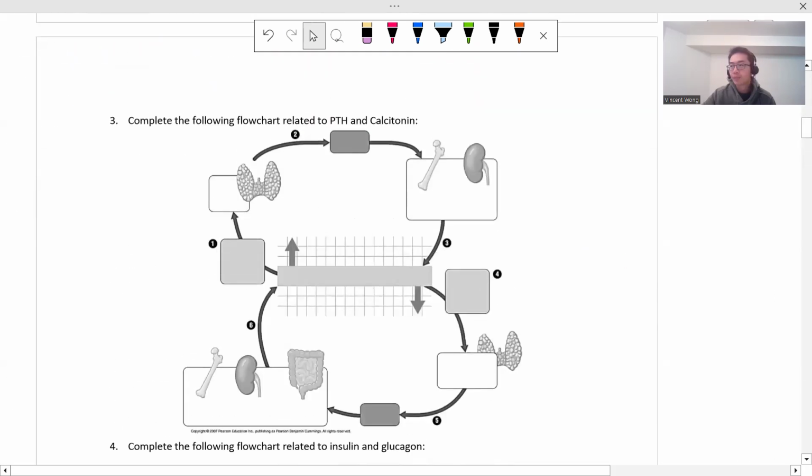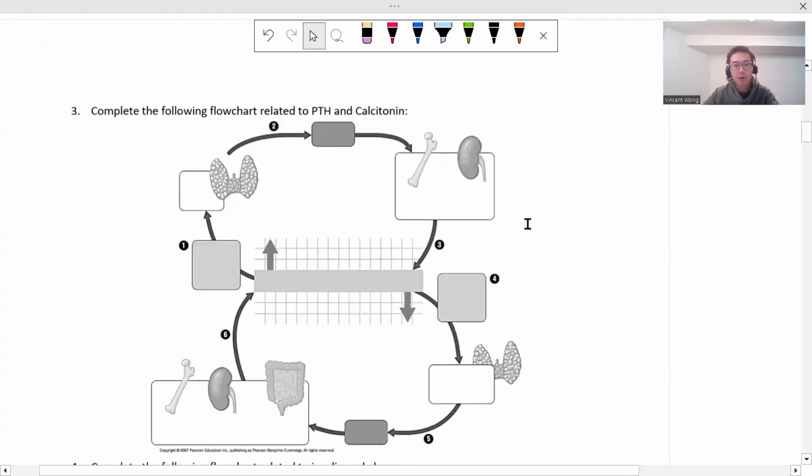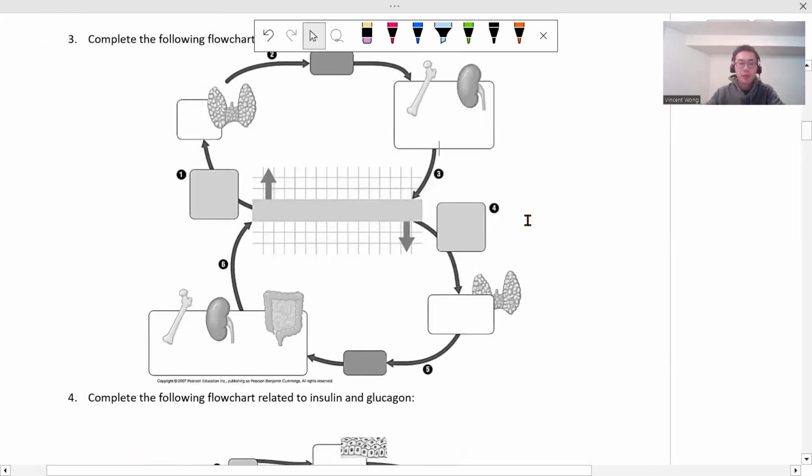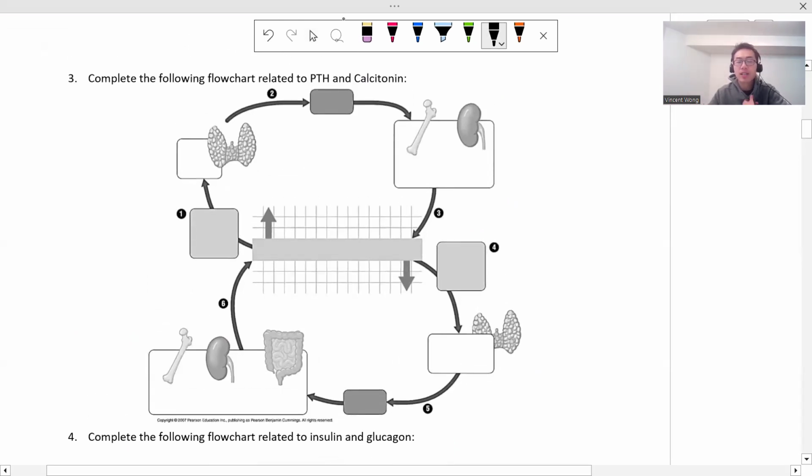All right, moving on. This is an old diagram from the bone, but it's an important one. So let's fill it in together. This is a complete-the-following flowchart related to PTH and calcitonin. So in the middle here, we have normal blood calcium.